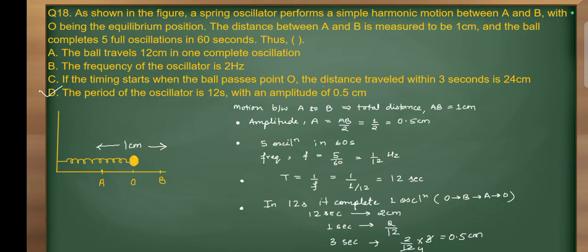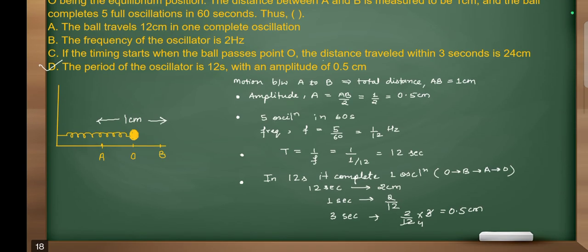Then that means it completes one oscillation. So in 12 seconds, object is covering 2 centimeter distance. So in 1 second it will cover a distance of 2 by 12 centimeter. So in 3 seconds it will cover 2 divided by 12 into 3, that is 0.5 centimeter. So option D is correct.